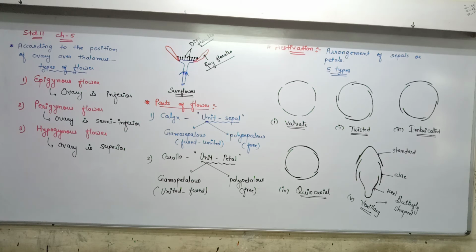If one margin of the appendages overlaps the next one, and so on, as in China rose, lady's finger and cotton. So in hibiscus, if you have seen, twisted comes.